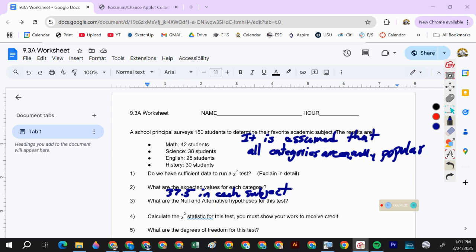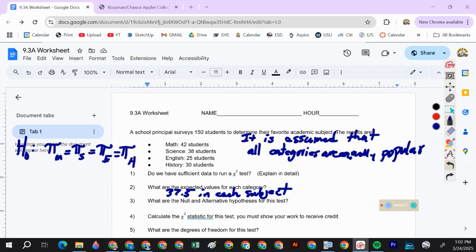So our H naught is going to be, are we doing pi or are we doing mu? These are proportions. So the pi for math is equal to the pi for science, which is equal to the pi for English, which is equal to the pi for history.